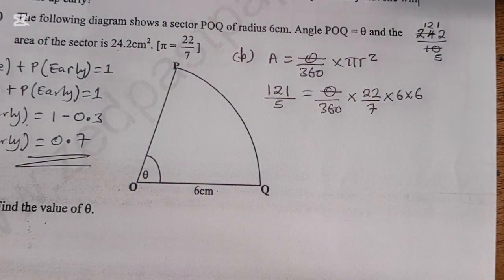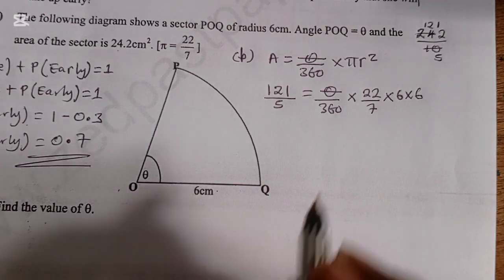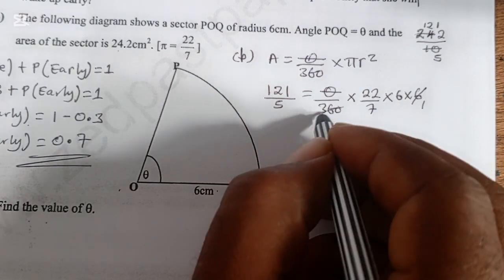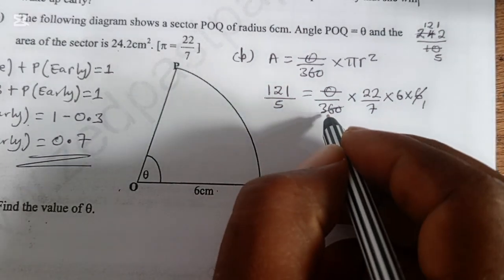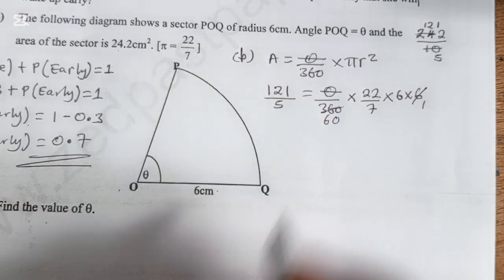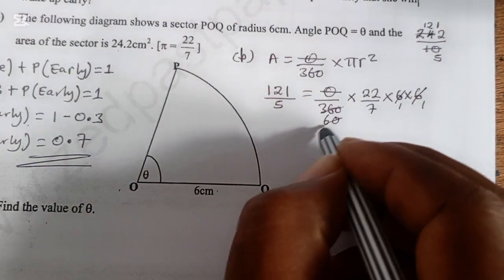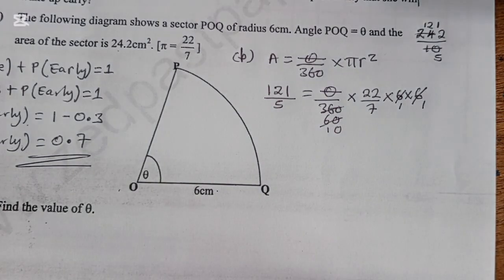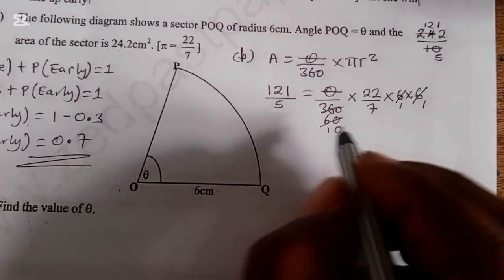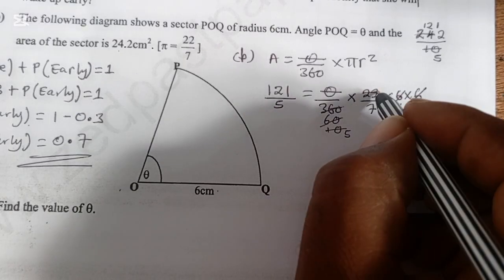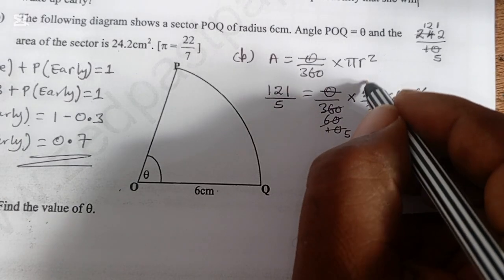So from there now, I'm going to simplify. So 6 into 6, it is 1. 6 into 360, it is 60. So 6 into 6, it is 1. 6 into 60, it is 10. So 2 into 10, it is 5. 2 into 22, that is 11.